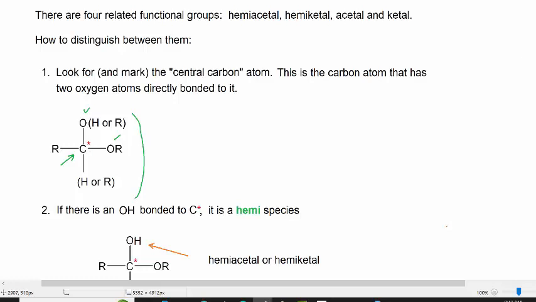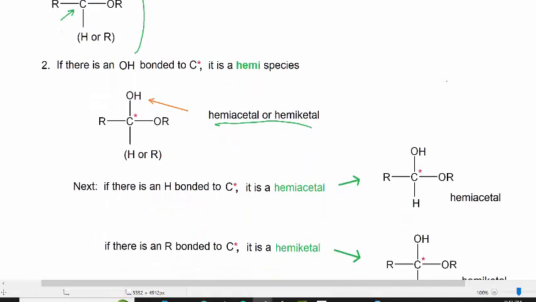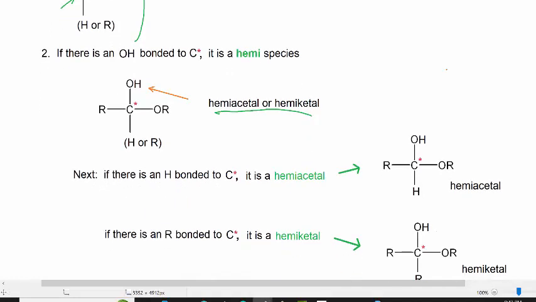Now, next look to see if there is an OH group bonded to the starred carbon. If there is, it's going to be a hemispecies, either a hemiacetal or a hemiketal. To tell which, here's what you want to do next. Go back and look at the starred carbon. If there is a hydrogen directly attached to the starred carbon, it's going to be a hemiacetal.